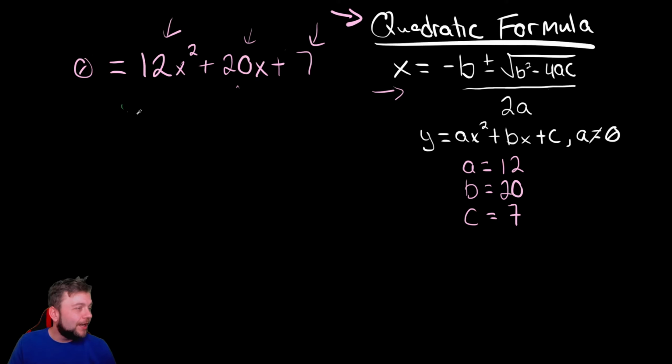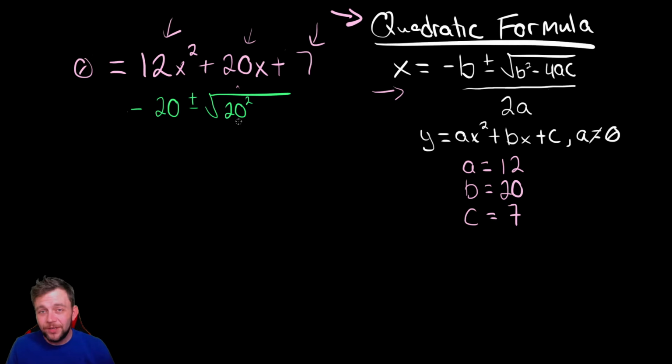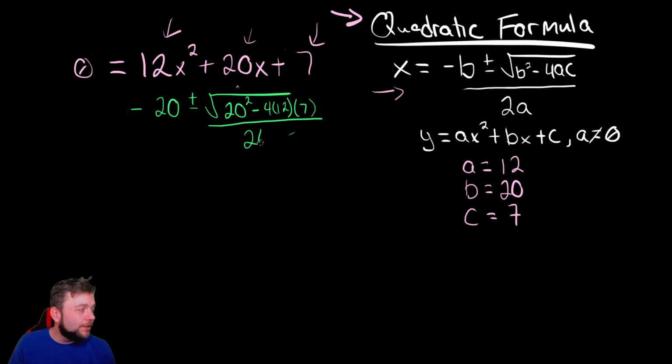So we have negative 20 plus or minus the square root of 20 squared, and this is where your calculators can really come in handy, minus 4 times a, which is 12, times c, which is 7, and all of this is over 2 times 12.